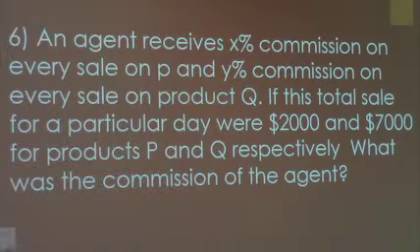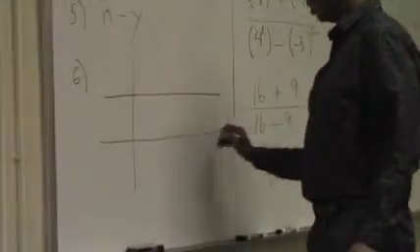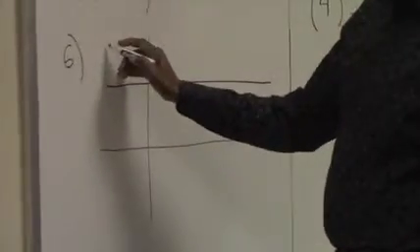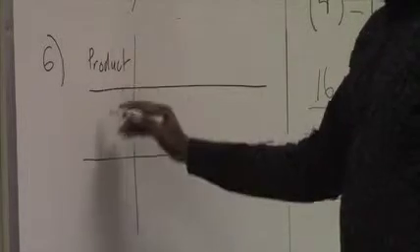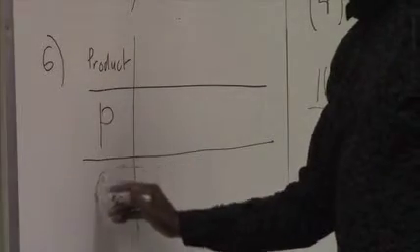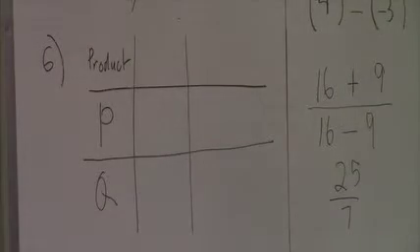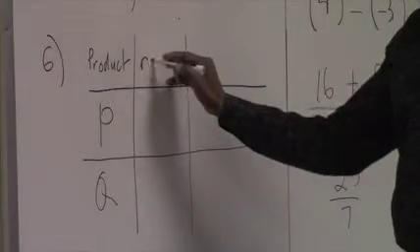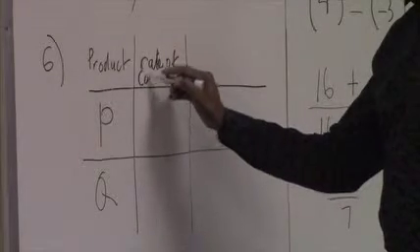So, let's see how we can do that. Let's make a little table. Let's put the product over here. So we have 2 products, P and Q. Let's put the rate of commission.